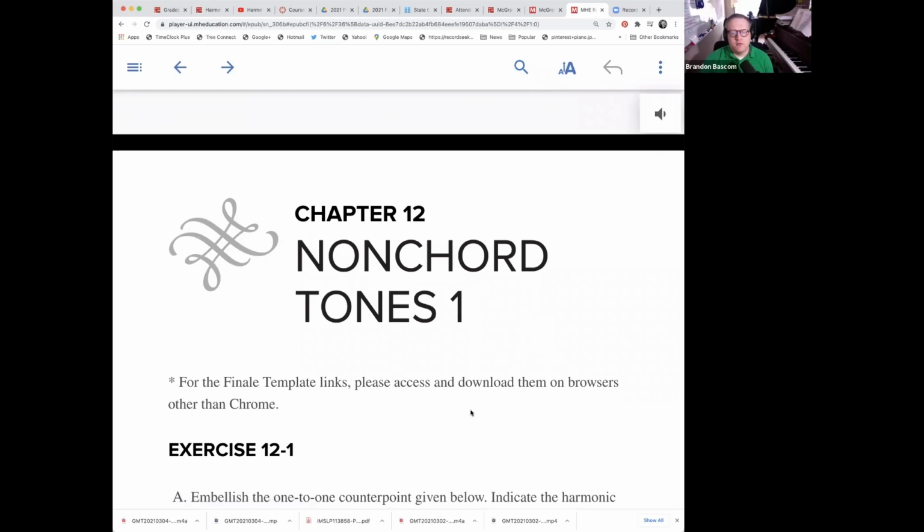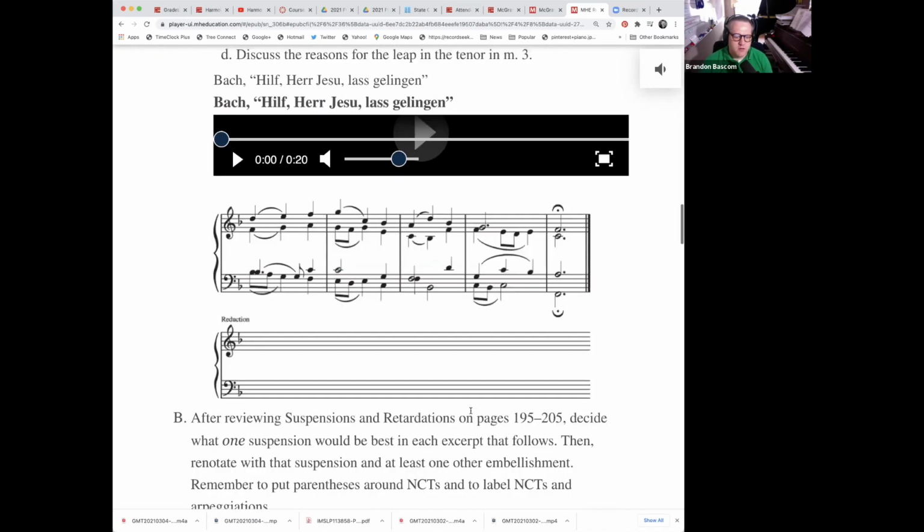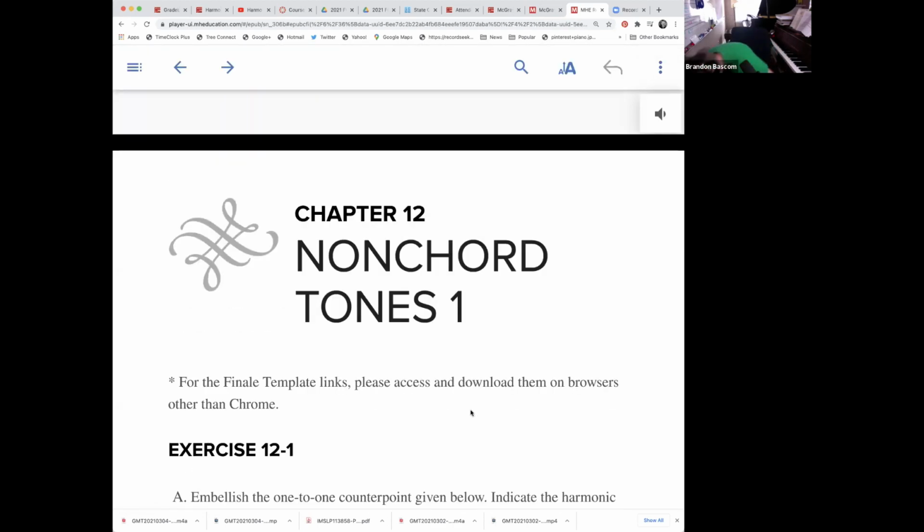All right, non-chord tones. We've done some of this already, have we not? I'm failing to remember. Let me grab my actual archaic paper copy. All right. Chapter 12 starts on page 91.